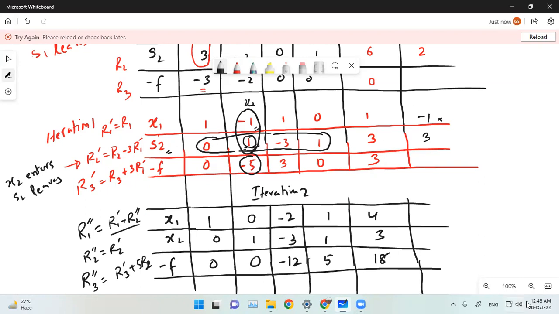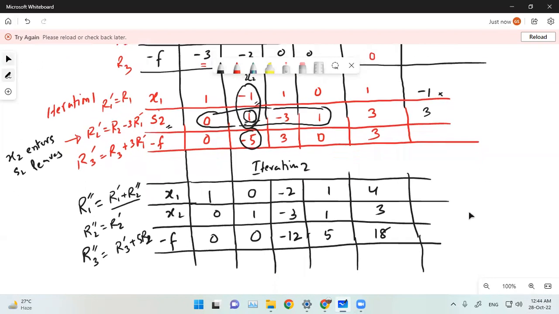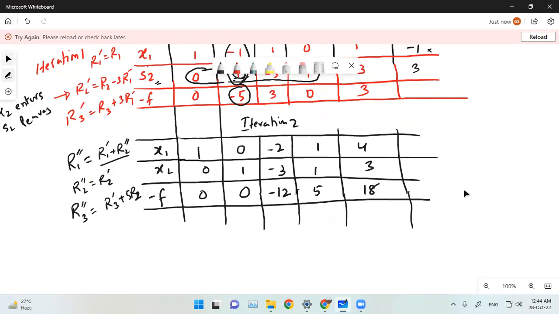Okay, so as you can see, we haven't yet arrived at the condition. That means all of them are not non-negative. So this one is negative, so you cannot stop. Now, this is definitely the key column.